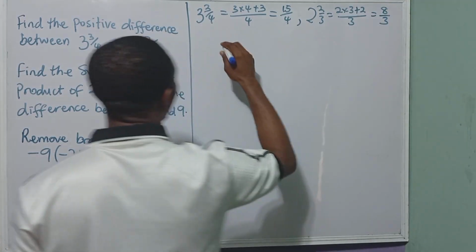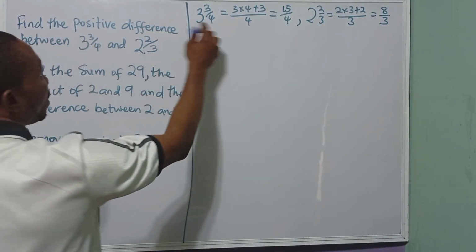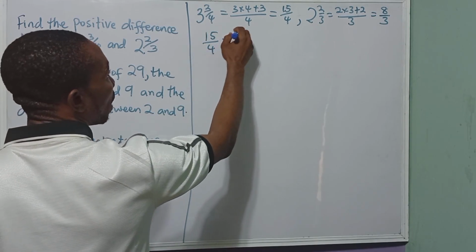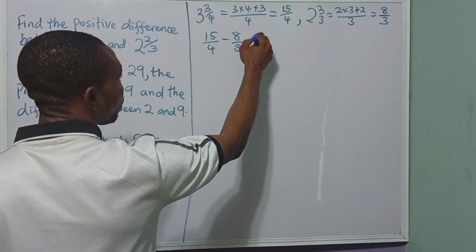Now, since we are looking for the positive difference, and difference means subtraction, this becomes 15 over 4 minus 8 over 3.